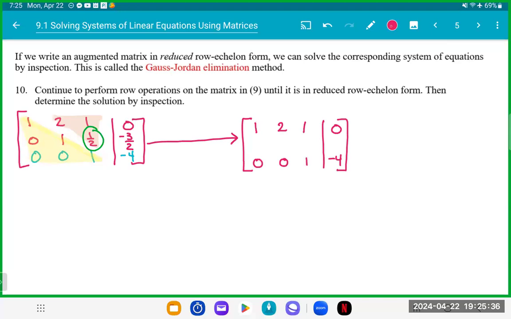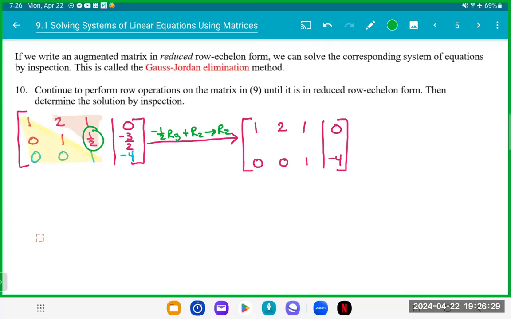Okay. So if I want that 1/2 to be a 0, then I take negative 1/2 of row 3, add it to row 2 and replace row 2.